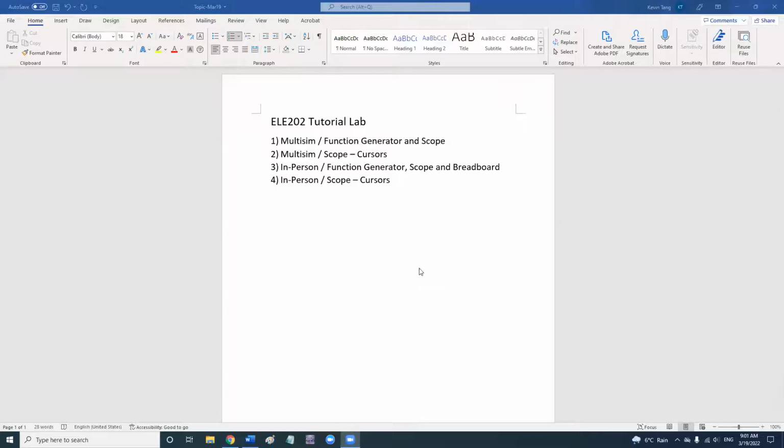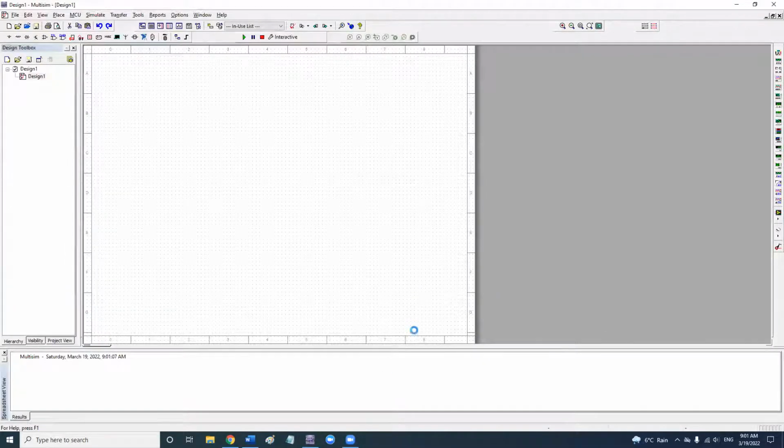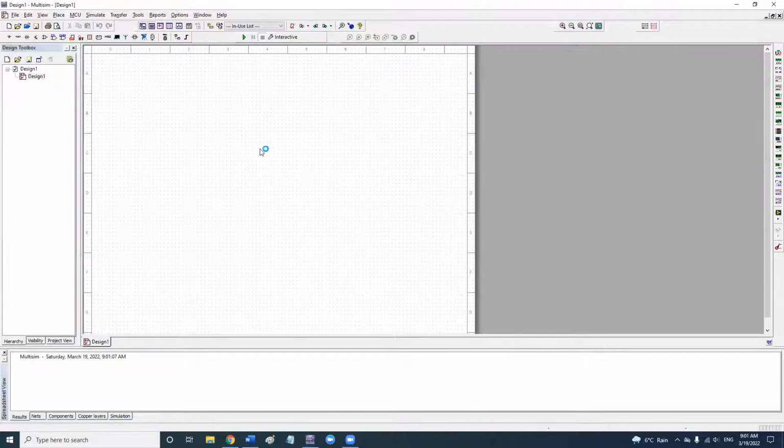Okay, so we're going to cover a few things. So let's start with the Mortensen. In the first 4 labs, we have been using the DC power source and ammeter voltmeters.